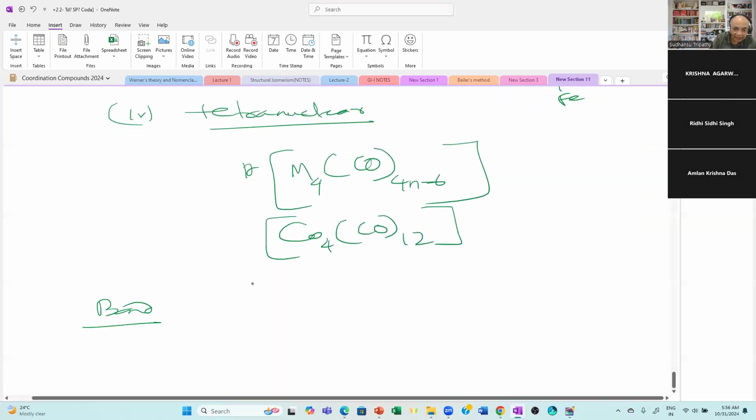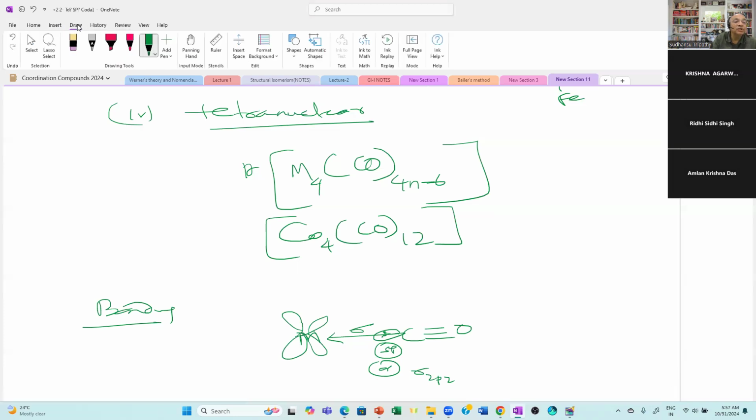Bonding. This is the metal in the zero state, with sigma bonding with carbon monoxide. Either we say sp hybrid orbital or MOT, this is sigma 2pz in the MOT, and this is a vacant d orbital of the metal.